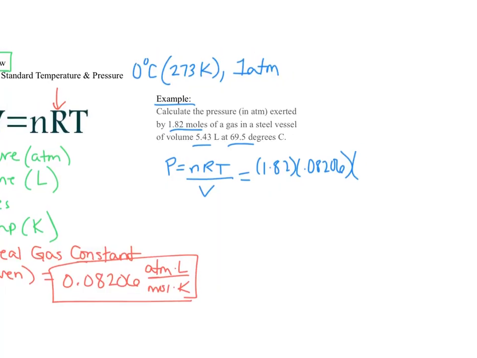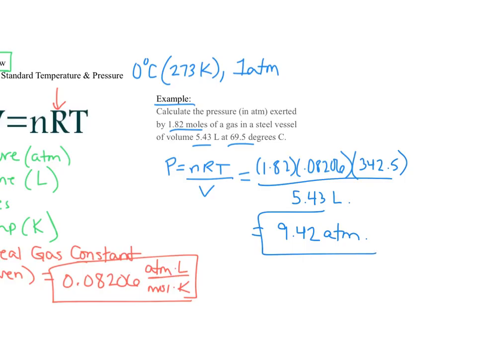So that temperature in Kelvin is 342.5. So just add 273 to that number. And then divided by my volume, which is 5.43 liters. And then you can go ahead and solve for your pressure. And you get a pressure of 9.42. We're talking pressure here, so my units are in atmospheres. So that's my answer.